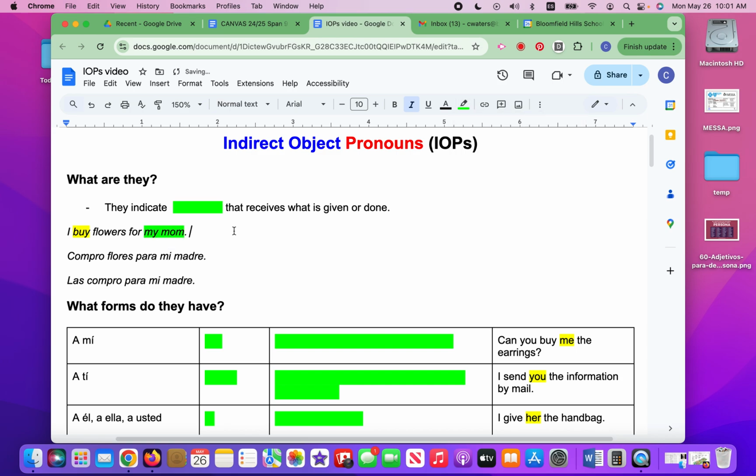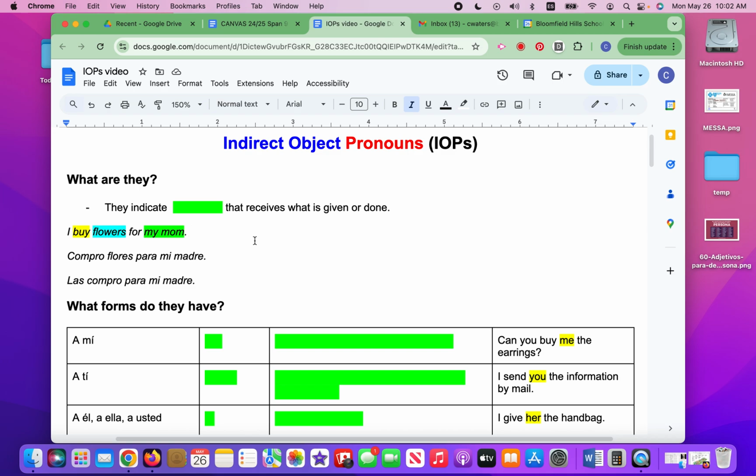Now we also learned before about the direct object. And we said that to find the direct object, we have to find the main verb and ask what? Buy what? Flowers. Flowers is the direct object.